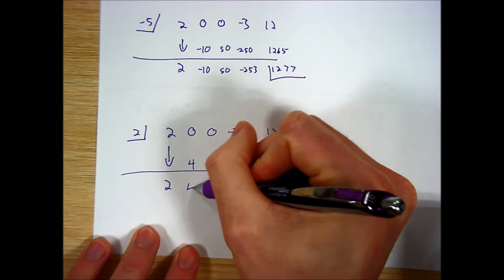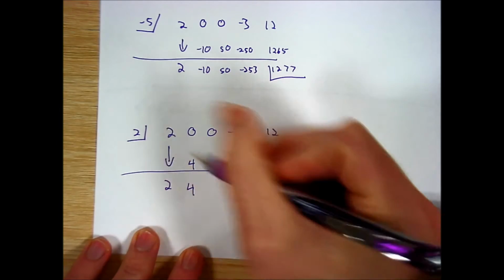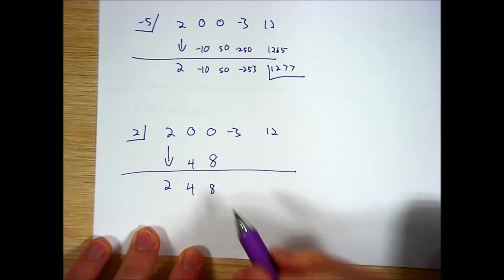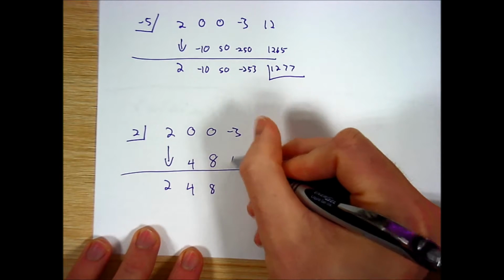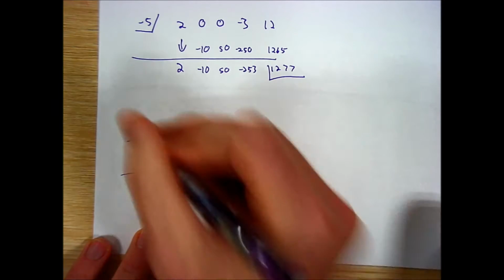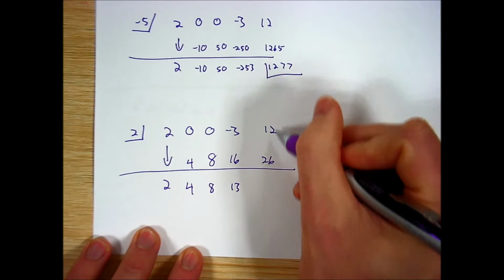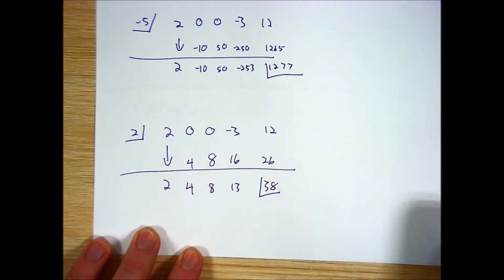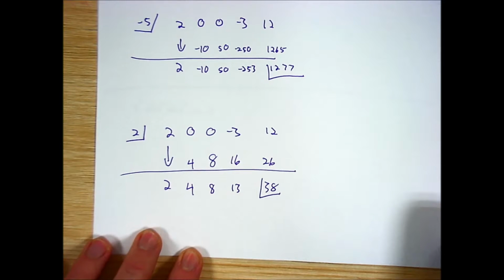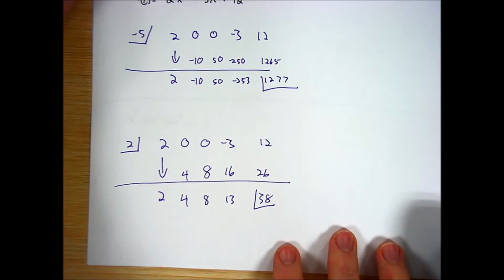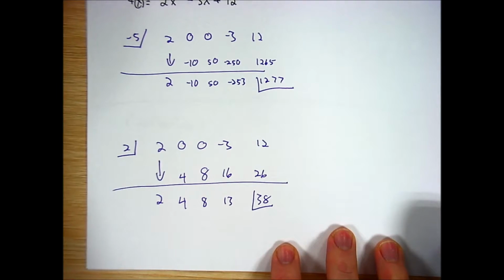We add down 4. 4 times 2 is 8. We add down 8. 8 times 2 is 16. We add down 13. 13 times 2 is 26. We add down 38. So my f of 2 should be 38. That's the remainder theorem in synthetic division.